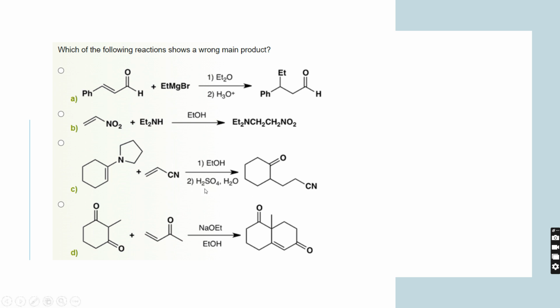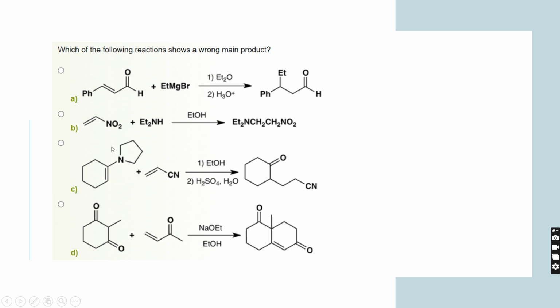And the second step is basically whatever iminium ion we generated here, carbon nitrogen double bond with positive charge on the nitrogen, that iminium ion is hydrolyzed in the second step. Okay, that iminium hydrolysis will give you addition of water molecule at this center, and this secondary amine will leave out.